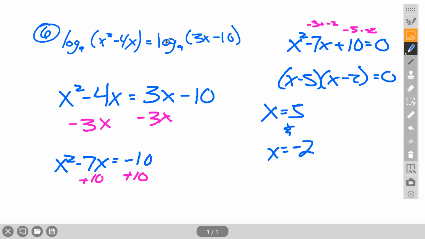If we plug it in over here, we get 4 plus 8, which is 12.